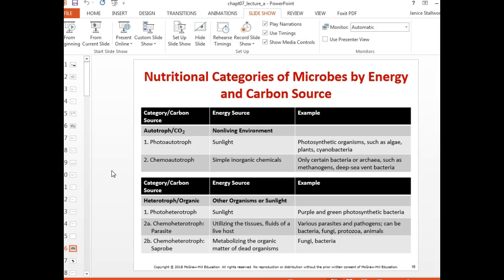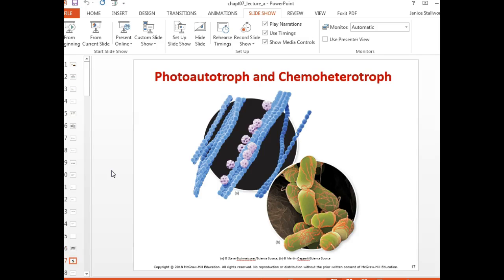So, what is the difference between a parasite and a saprobe? Here's a photoautotroph and a chemoheterotroph.